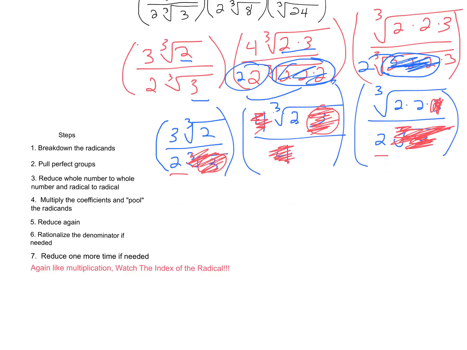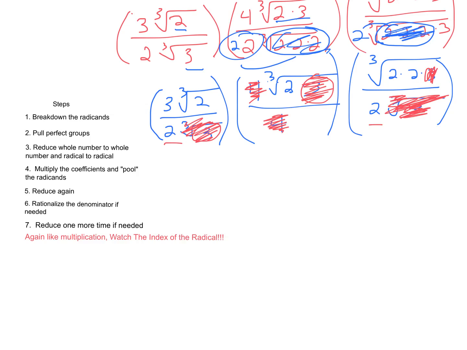Okay, so let's pool these guys together. Okay, so I get 3 times 1, which is 3. Cube root, I've got 1, 2, 3, 4 2's.